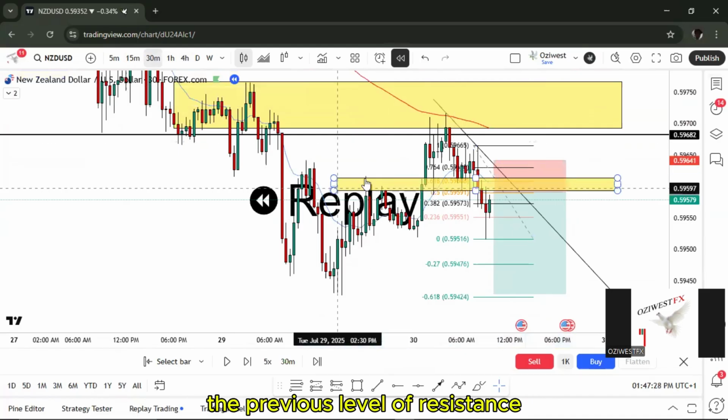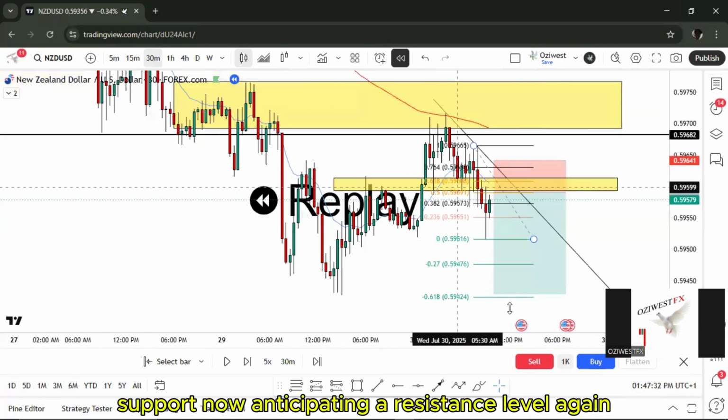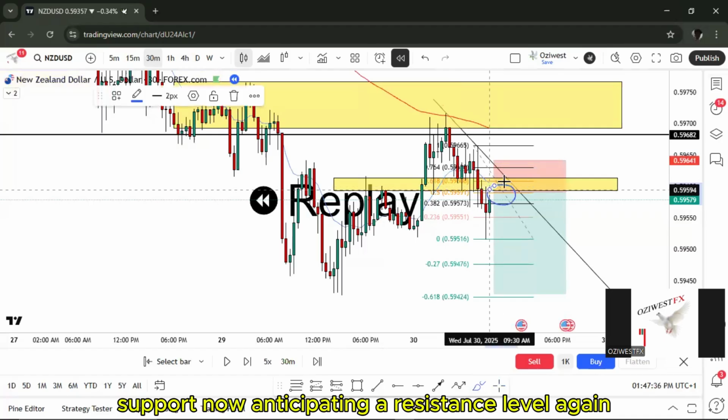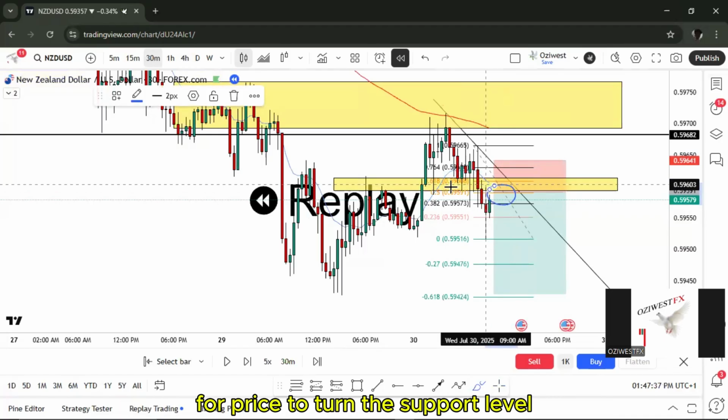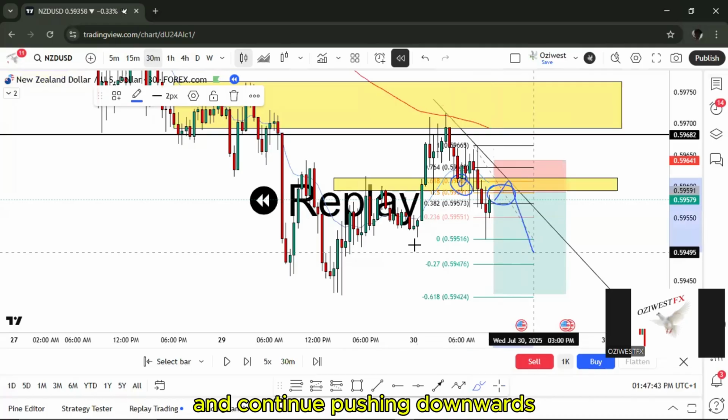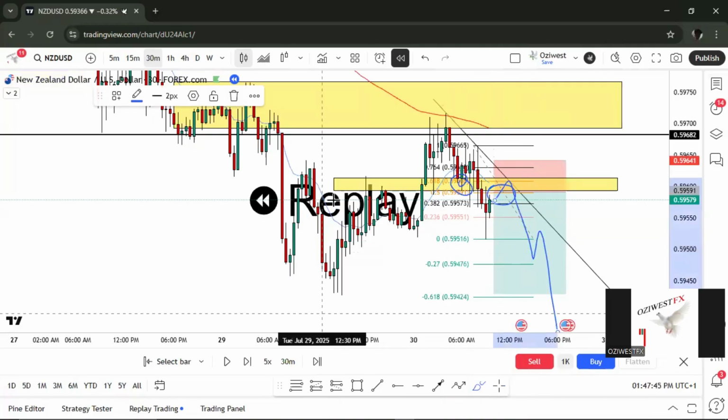So you can see the previous level of resistance, support, now anticipating a resistance level again for price to find the support level into a level of resistance and continue pushing downwards.